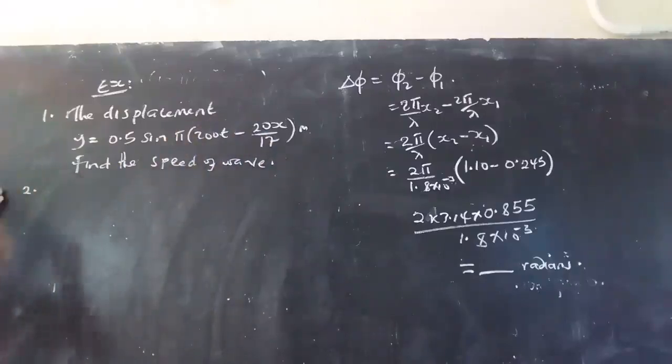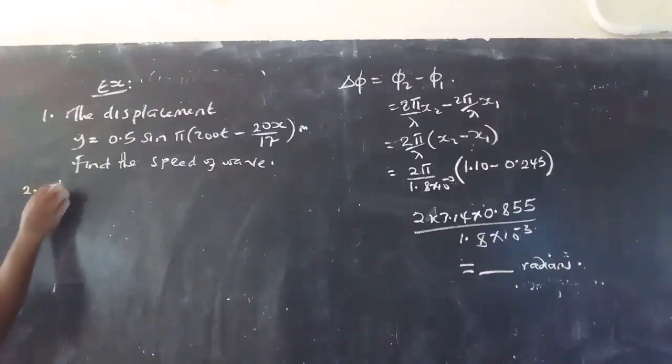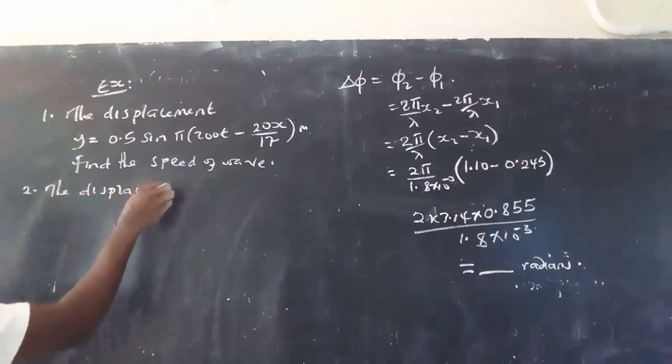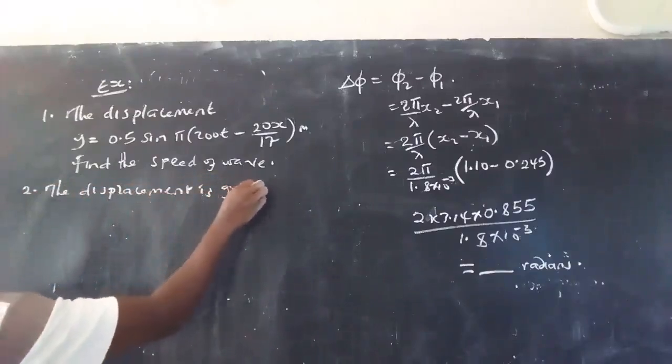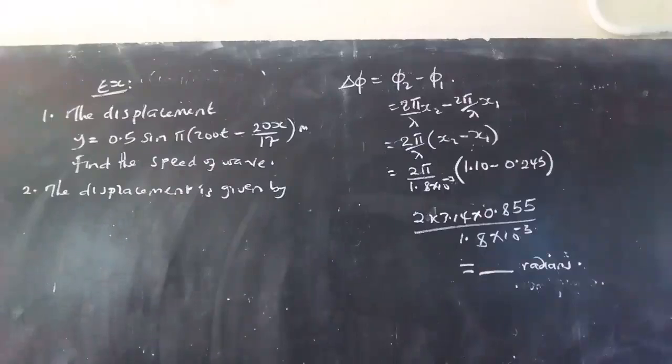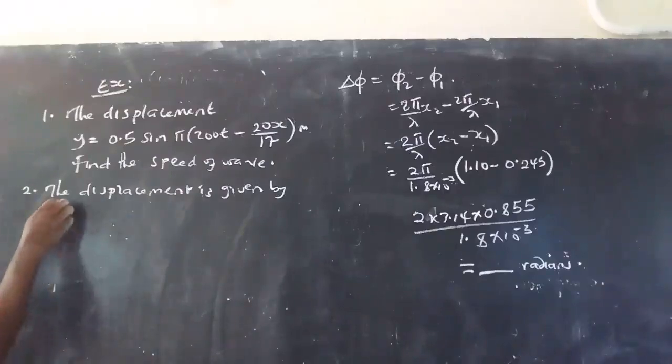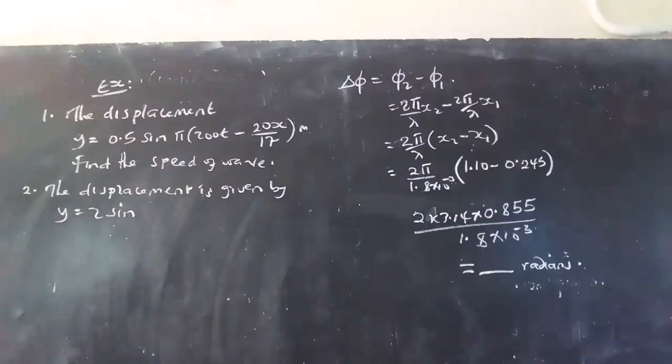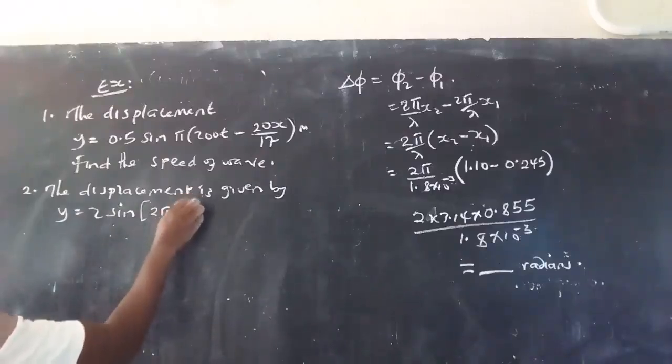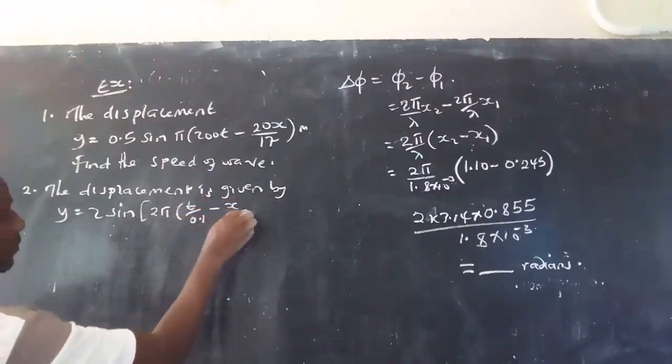That's one. Number two, the displacement of the wave is given by y equals 2 sine 2 pi into t over 0.1 minus x over 0.2.